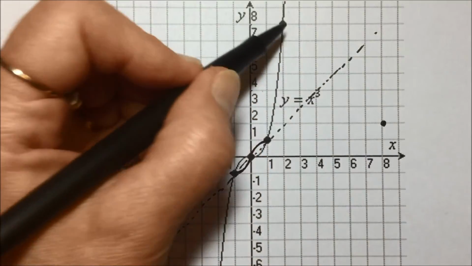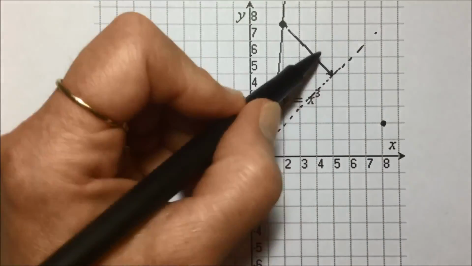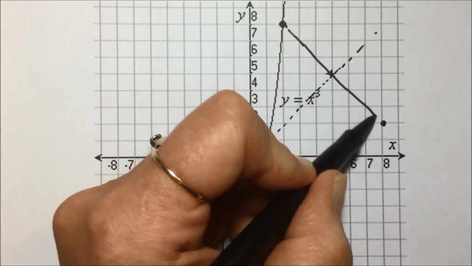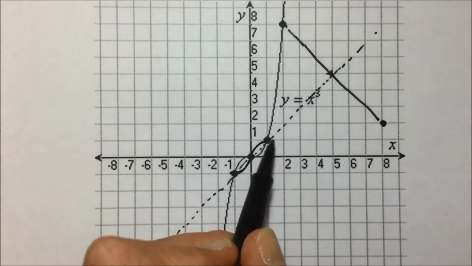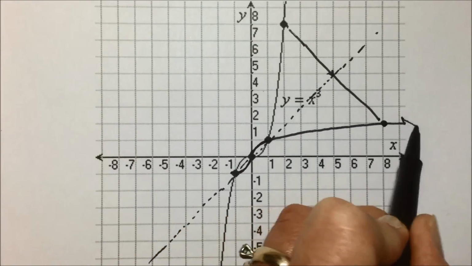We can also see that by taking that to the y equals x line, and reflecting at that same distance gives us the point. So we have a curve here that's headed towards that point.